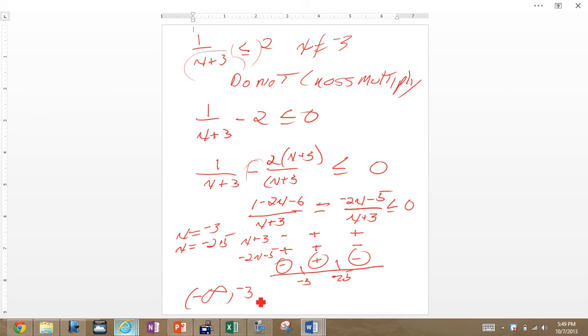Can we include negative 3? No, because we have the condition up here, x can never equal negative 3, so we can't include that. In union with, can we include the negative 2.5? Yes, we can. In union with negative 2.5 all the way up to infinity, and that should agree.